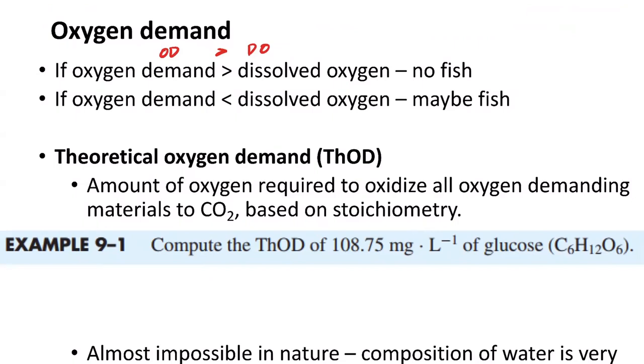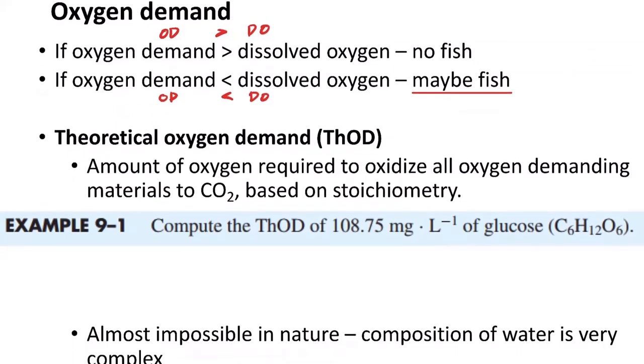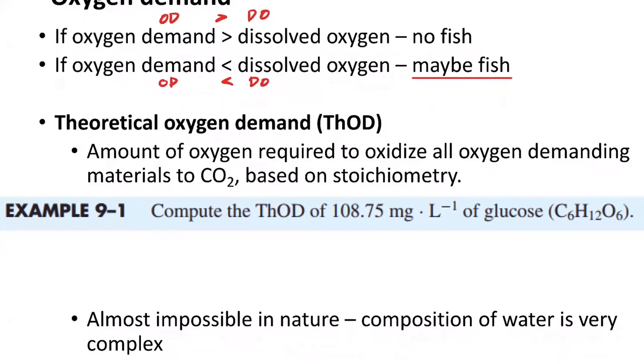If the oxygen demand is smaller than the dissolved oxygen, then maybe there are fish, but definitely there will be some lives, for example microorganisms, surviving in the water. So in terms of the oxygen demand, there are different types, right?